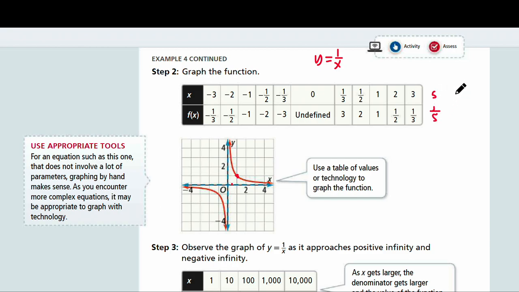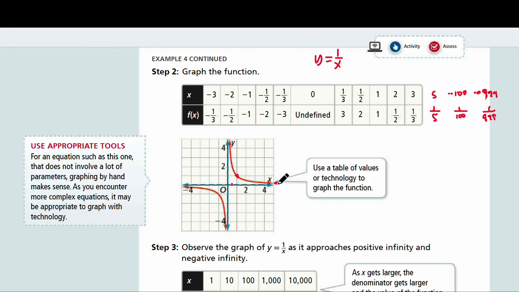Even if x is 100, you will have 1 over 100, which is a really small number, but it's still not 0. If you have 999, you will still have y equal to 1 over 999, which is also a really, really small number, close to 0, but it's not 0.